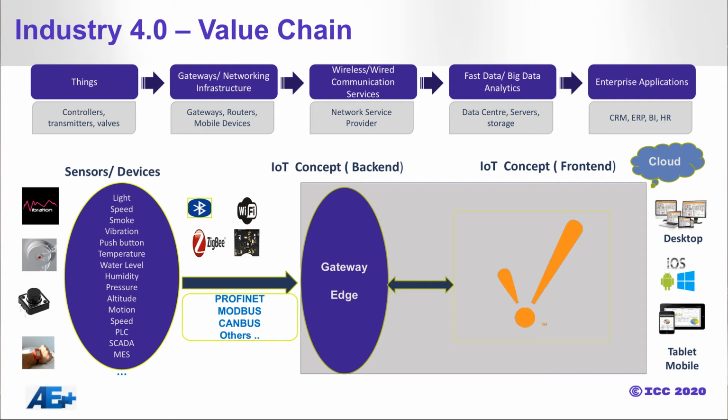This information is collected through the gateways, or as we call the edge devices, and then it is transmitted through wireless or wired communication to an integrator, or I would say a platform, and then out of that we get all the information that is needed. It goes to various formats, whether it's a desktop, a cloud, a tablet, or a mobile. It is used for giving information, and the Industry 4.0 value chain starts.